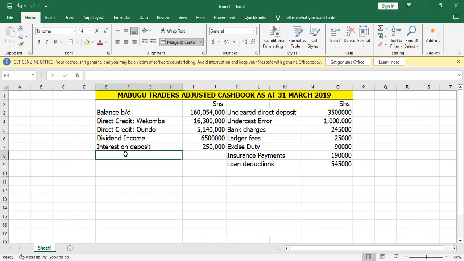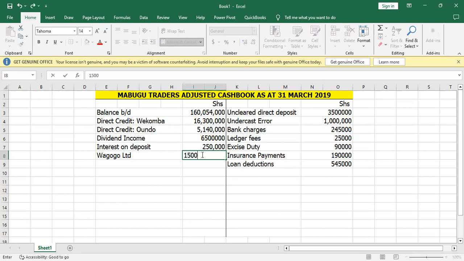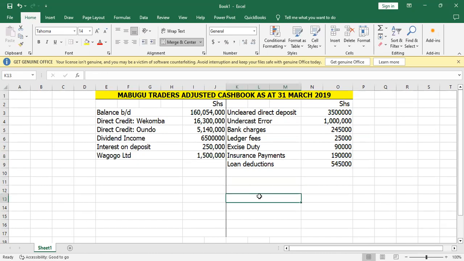So we can write Wagogo Limited to cancel out the entry that was made on the credit in the original cash book. That was 1.5. So we cancel out our check payment. So now we can balance off.